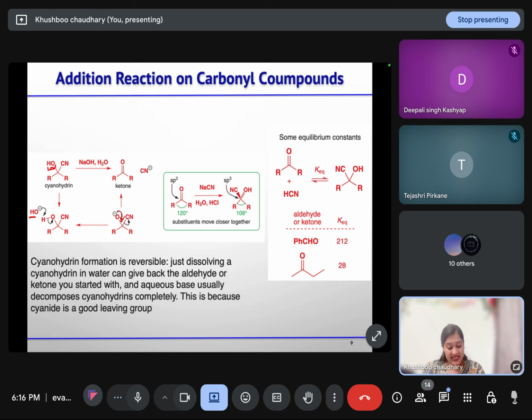This means that cyanohydrin formation is reversible. If we dissolve cyanohydrin in water, it will give back the aldehyde or ketone and the cyanide that we started with.